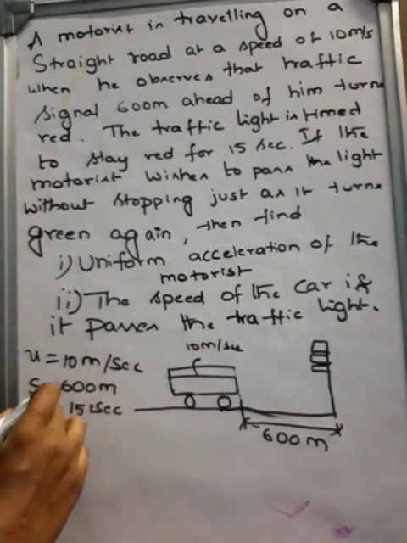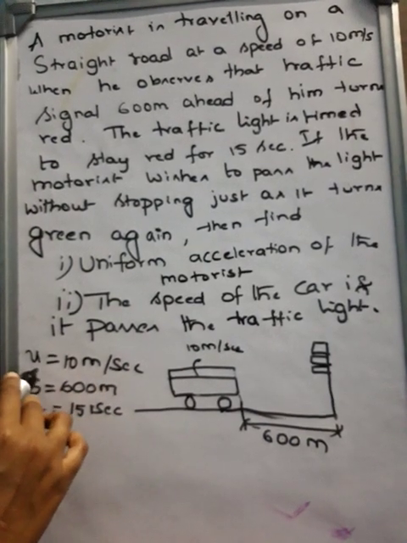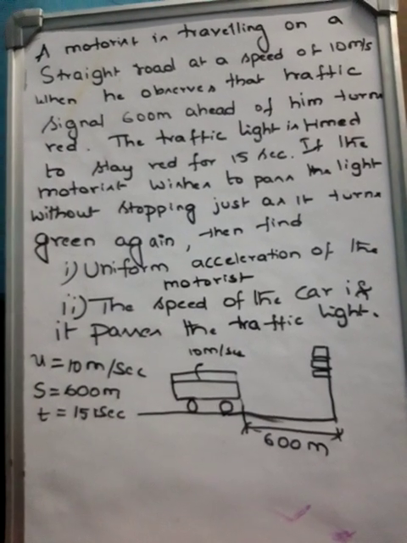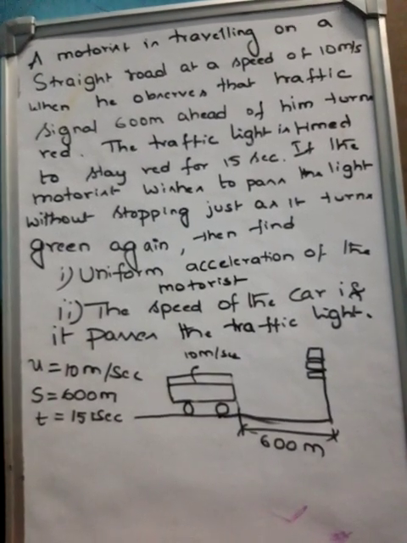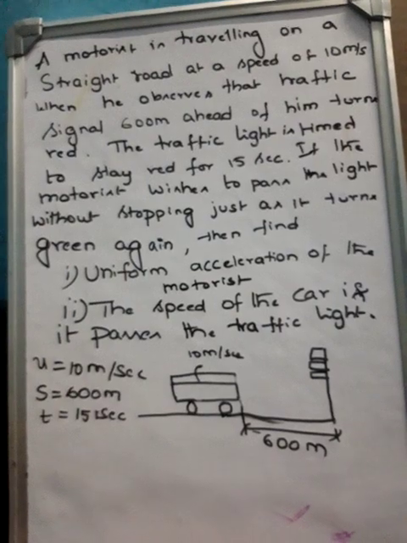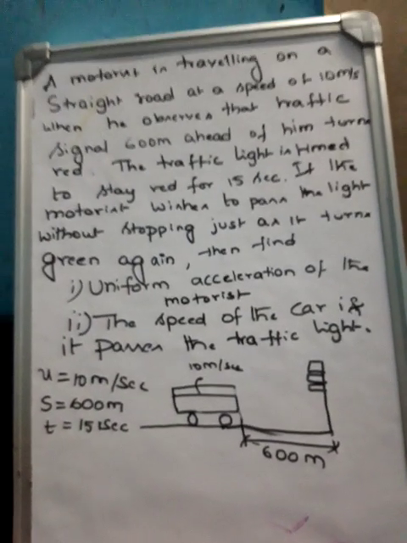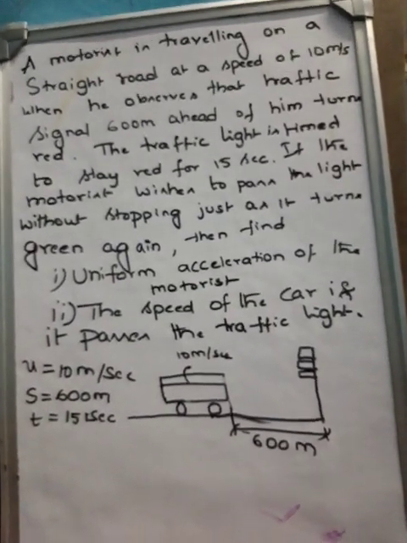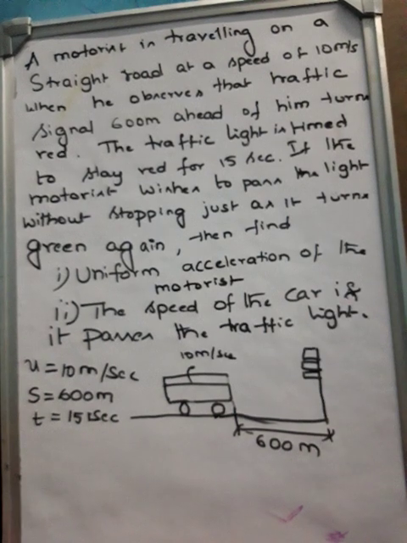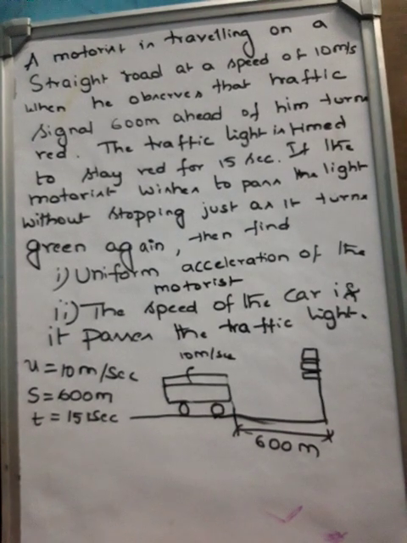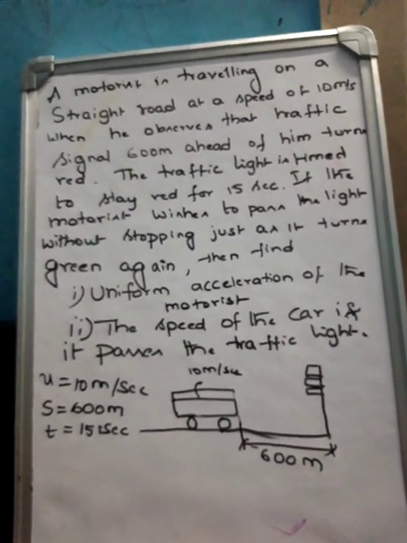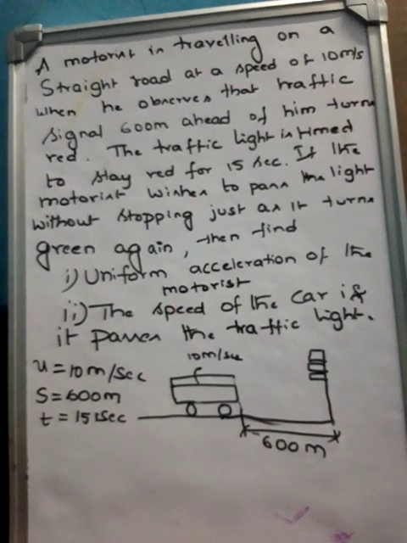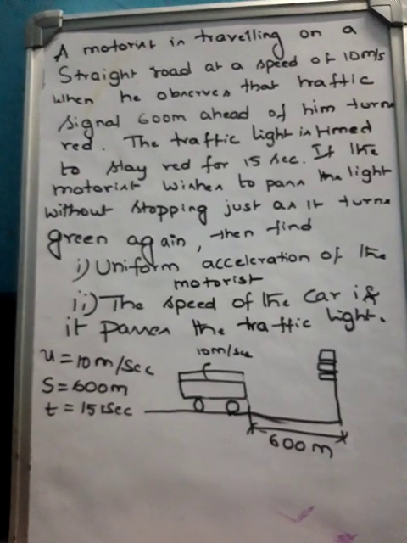Now, when you read the question, you can understand what values you have. You have the S value, that means the distance, you have the initial velocity, then you have the time. So if you want to use all these conditions, which equations can you use?